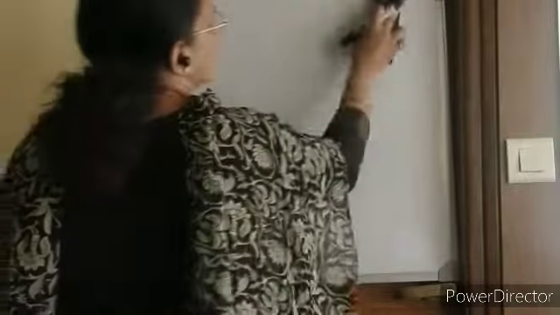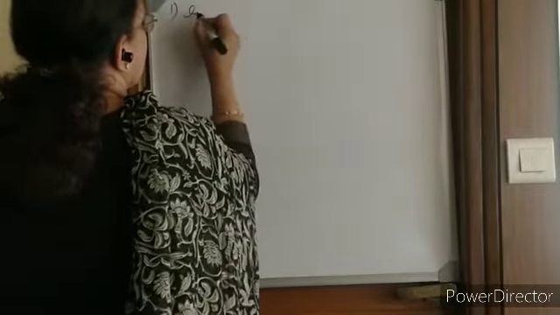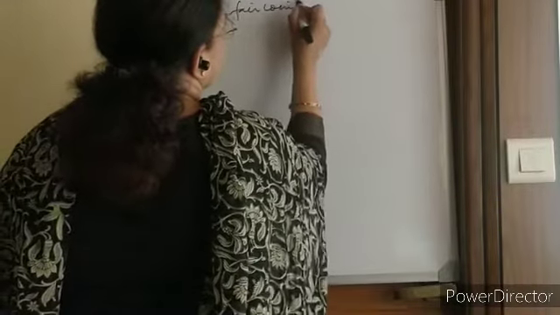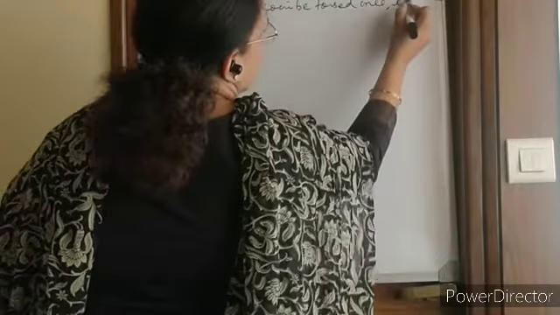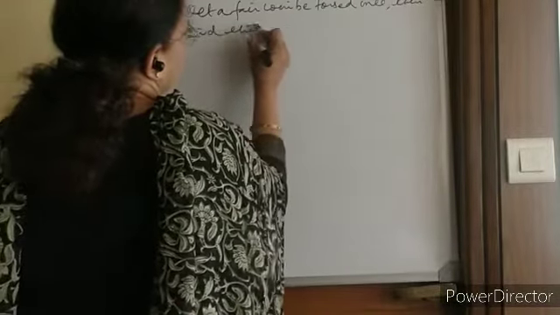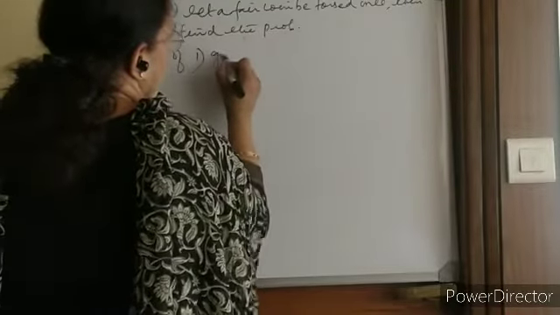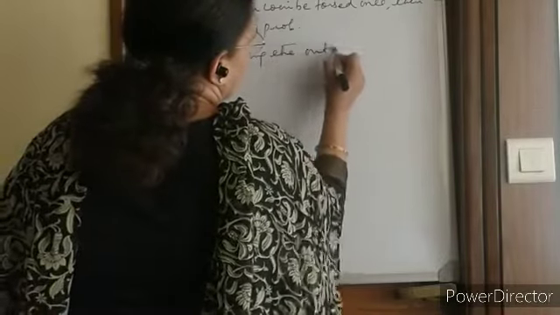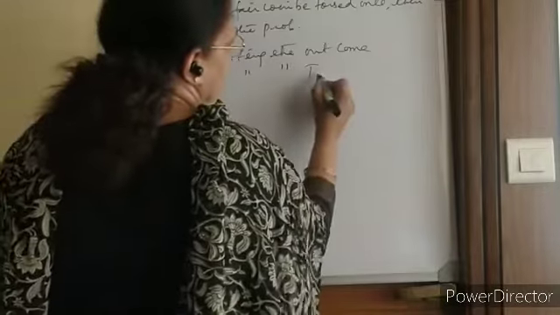Now the question says: let a fair coin be tossed once, then find the probability of, first, getting the outcome head, and second, getting the outcome tail.